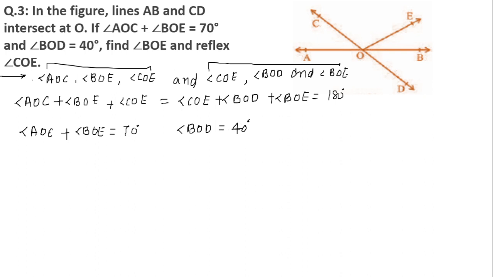If I substitute it over here and here, what I am going to get is, try to understand now, 70 degrees plus angle COE is equal to 180 degrees.